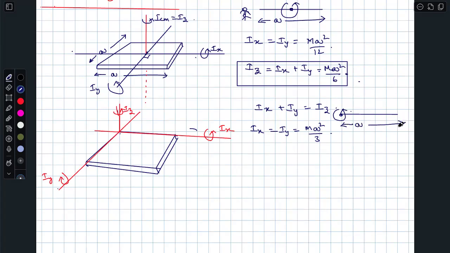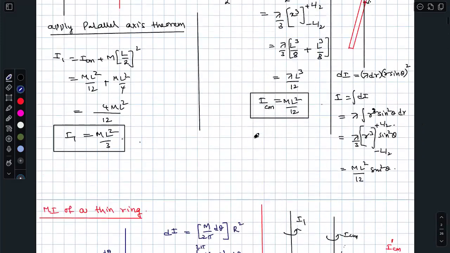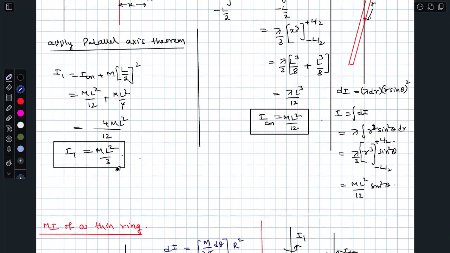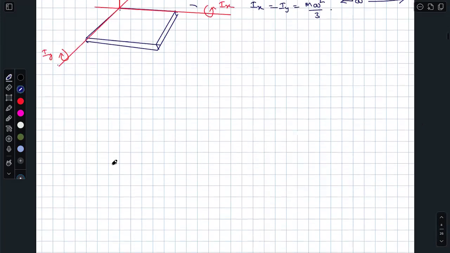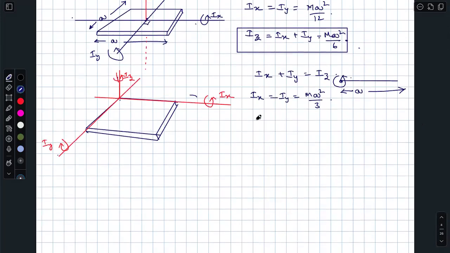This is the distance A. Through an end, passing through an end perpendicular to the length of the rod, you have M A square by 3. No, you are not believing me. Here, M A square by 3. So I'm just using that. So in that case, Iz is M A square by 3 plus M A square by 3, 2 M A square by 3.